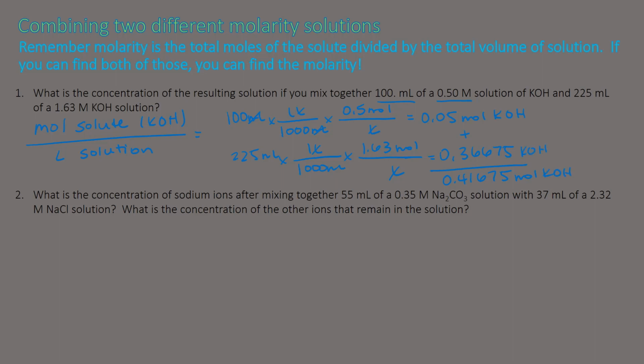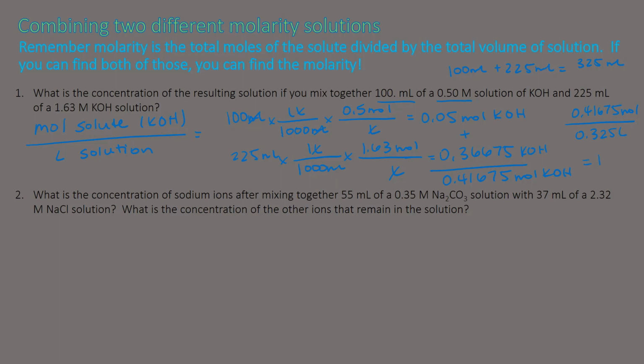So that's my solute. Then I need to divide it by my total volume. What is my total volume? Well, I've taken 100 milliliters and I've added 225 milliliters, so total I have 325 milliliters, right? So I'm going to take 0.41675 moles and divide it by my total liters. 325 milliliters divided by 1,000 is 0.325 liters.